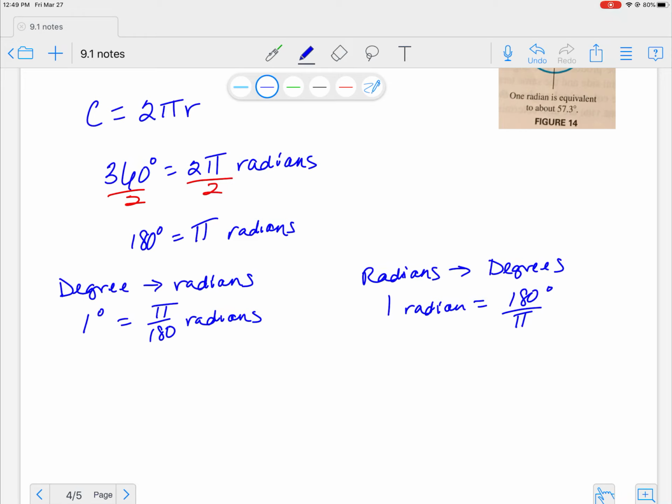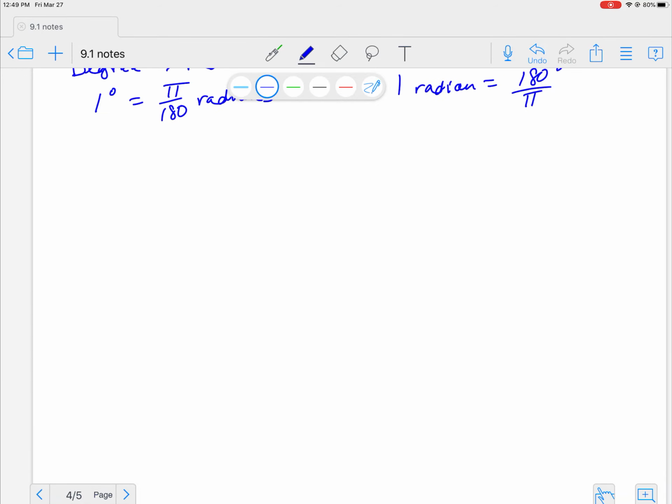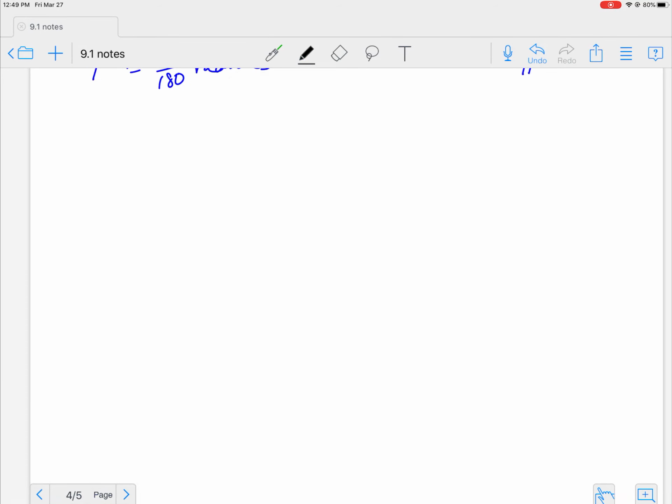It is important whenever we're going back and forth between degrees and radians, and radians and degrees. We are going to be using these very similar to each other, and there are some very common ones I'm going to show you shortly that we'll see are equivalent. But let's look at this right now.